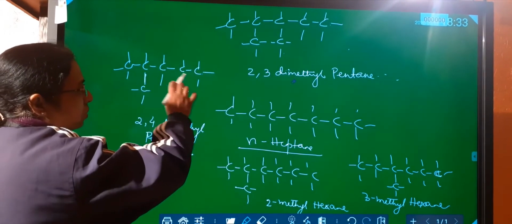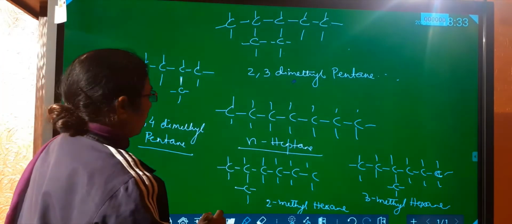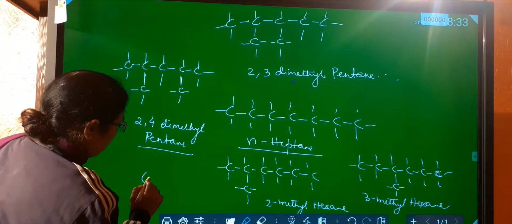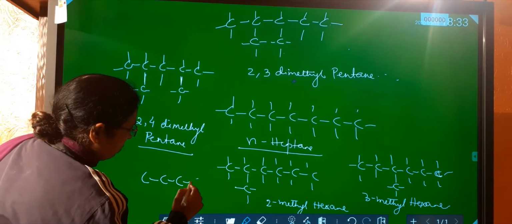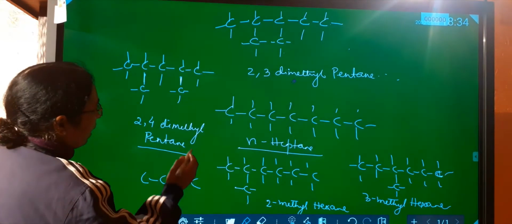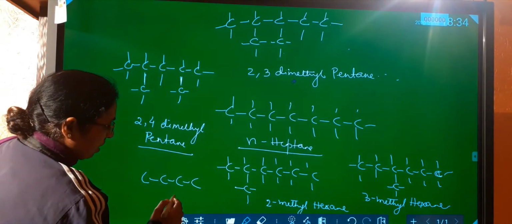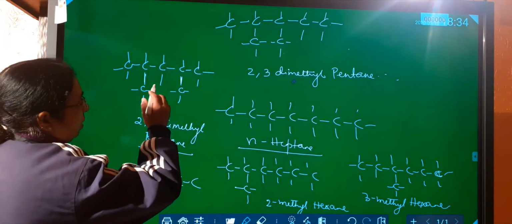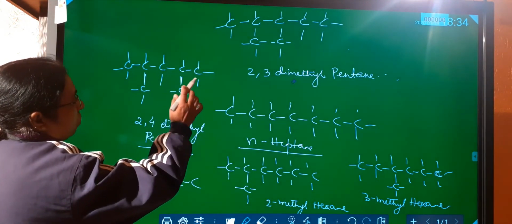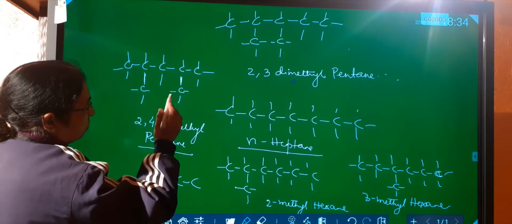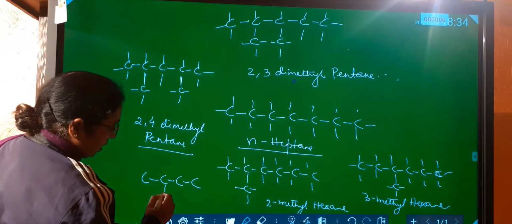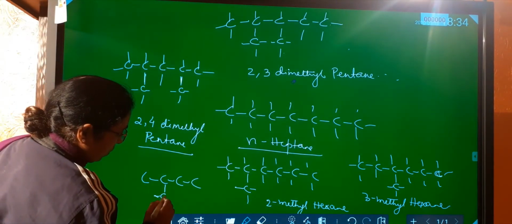We can also make this a 4-carbon chain. So if I make it a 4-carbon chain, 1 2 3 4, and now 3 carbon.